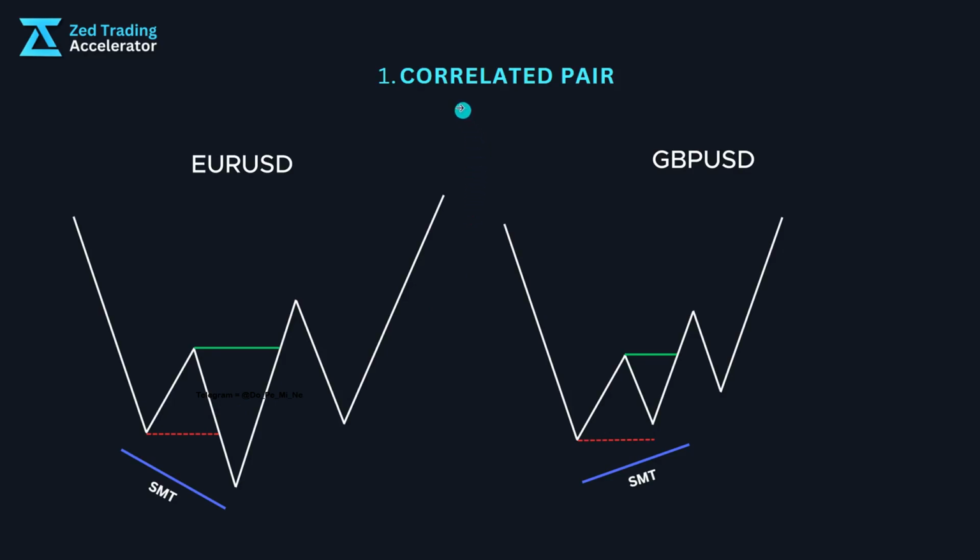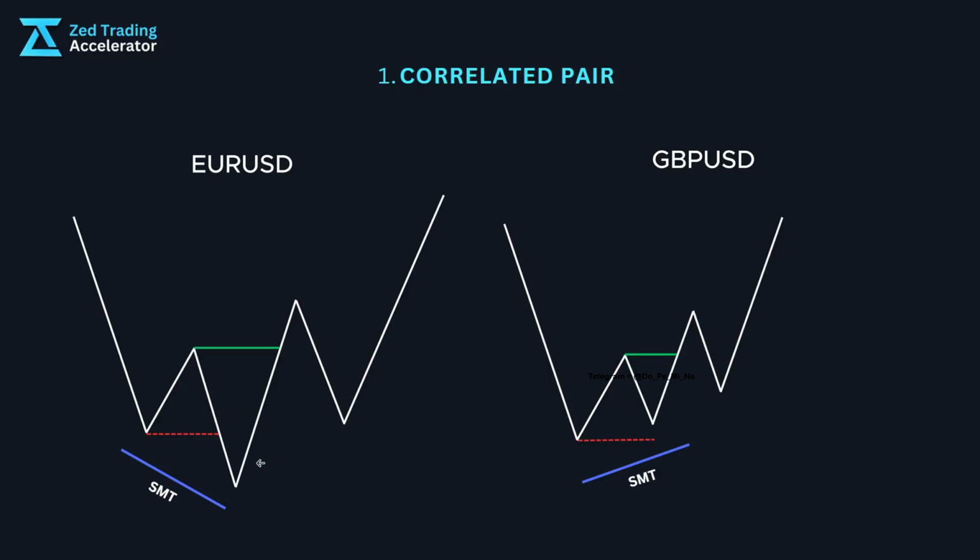This correlated pair should be moving almost identically with one another. But when we have an SMT divergence just like this, that is exactly when we know the market makers are entering the market. This right here is a manipulation.